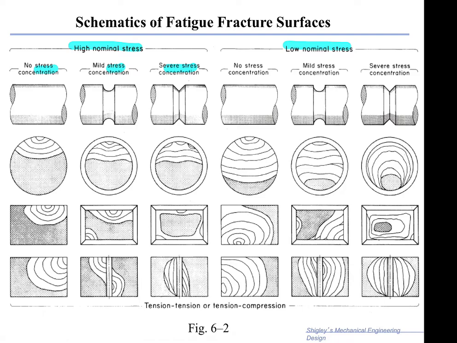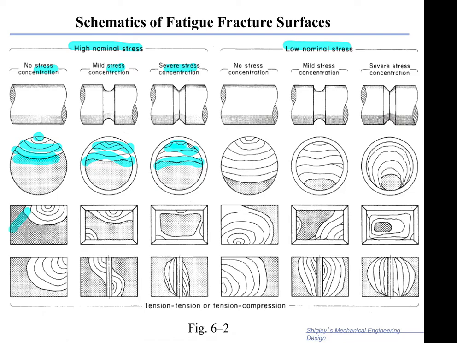So what happens is that if you have no stress concentration, you get the initiation point on the surface, if you have a round cross section, and then you get these beach marks until you have failure. If you get stress concentrations, then the propagation is faster, as you can see here, and it proceeds much faster because you have higher levels of local stresses.